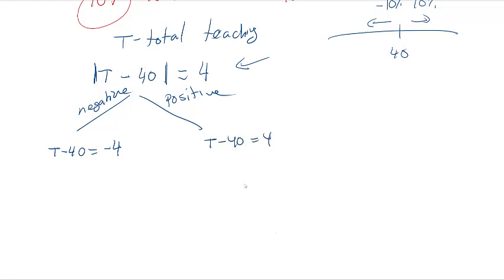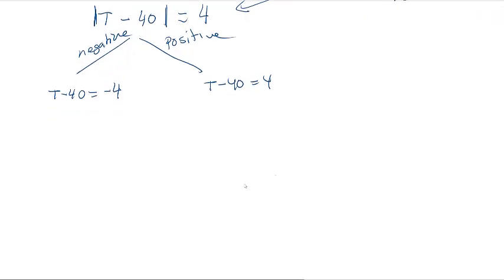And both these equations, when we solve them, will solve the equality with the absolute value. But one will be for the minimum amount of time for the lesson plan, and the other will be the maximum. So as always, let's add 40 to both sides in order to isolate our variable t.